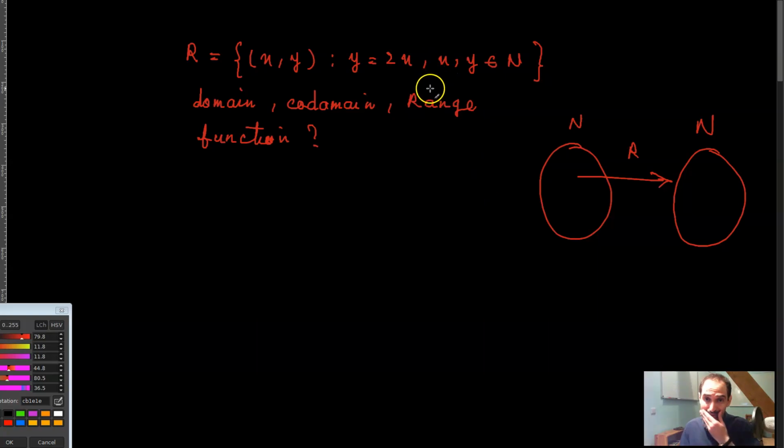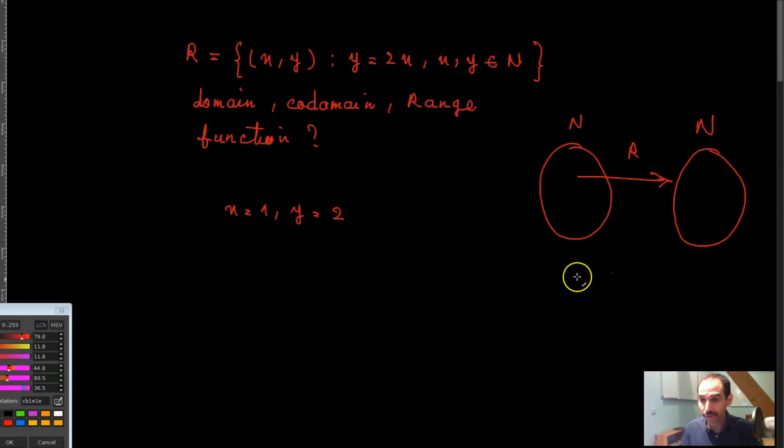So if I take x equal to 1, then y is equal to 2 times 1, which is equal to 2.